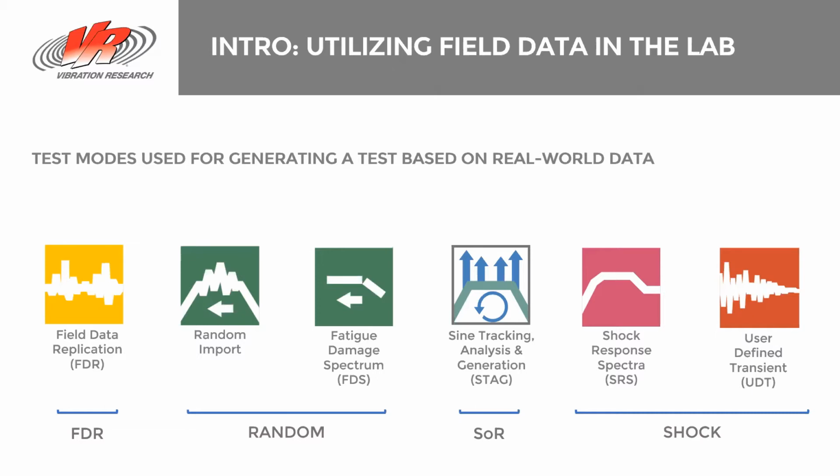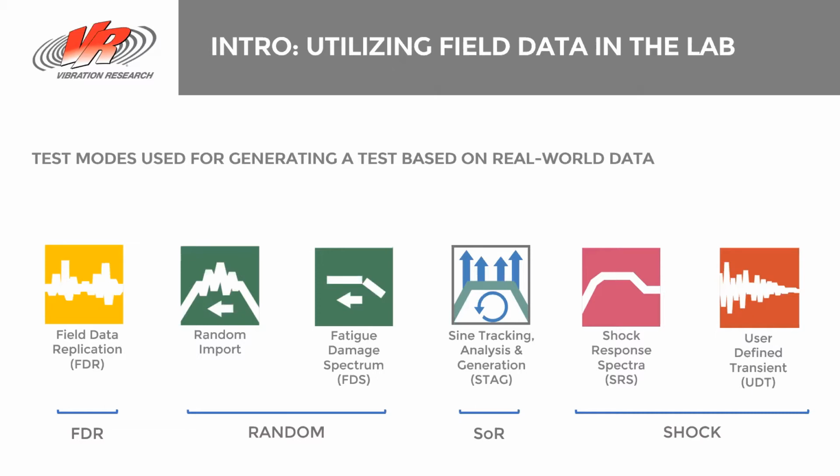Now our fatigue damage spectrum option, FDS, allows you to take time history files from multiple environments and turn that into a test, and then even take that a step further and accelerate that test. So now we're starting to talk about test acceleration, where 1 hour in my lab is equal to 10 hours in the field or 100 hours in the field, right?